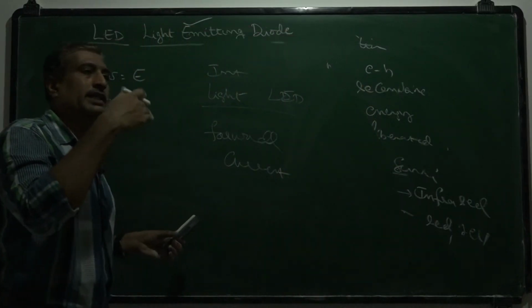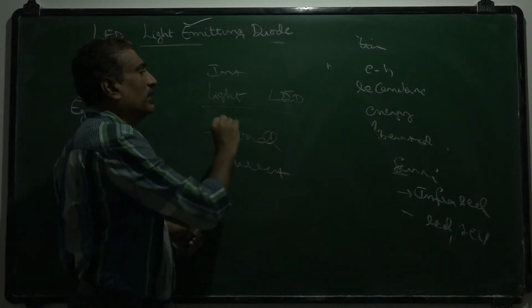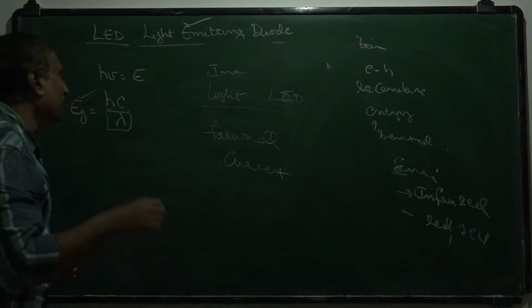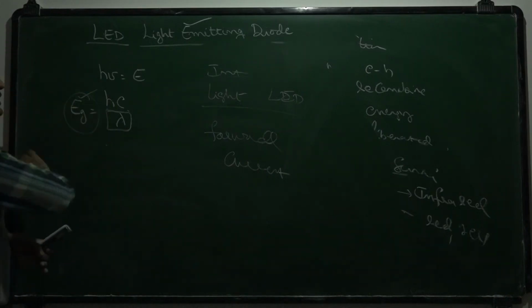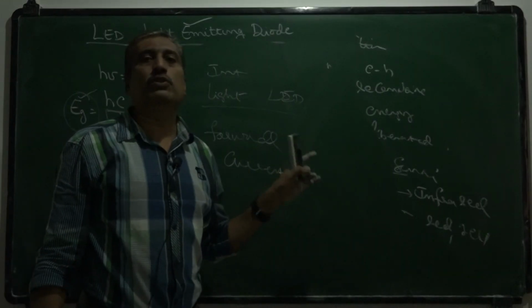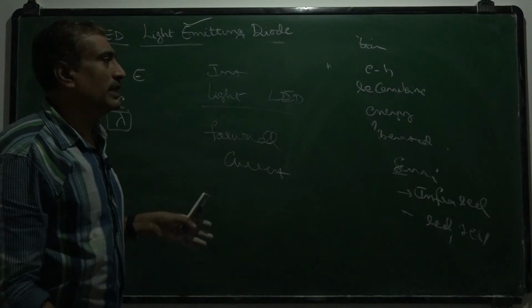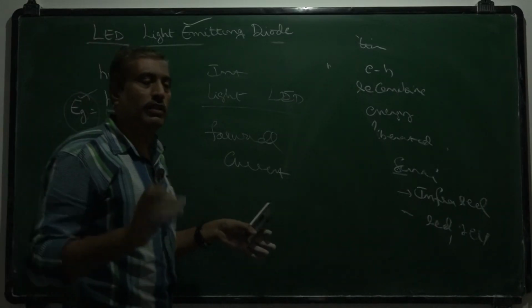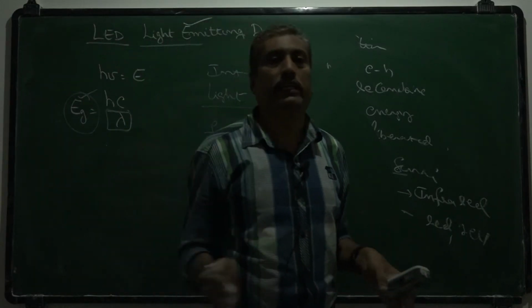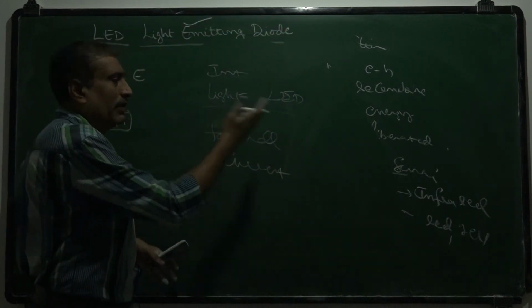The excess energy of the electron is given out in the form of light, so that the color of the light emitted depends upon the forbidden energy gap of the material. For the manufacturing of these LEDs, we have to use only compound semiconductors, because elemental semiconductors give out the energy in the form of heat, whereas compound semiconductors give the excess amount of energy in the form of light.